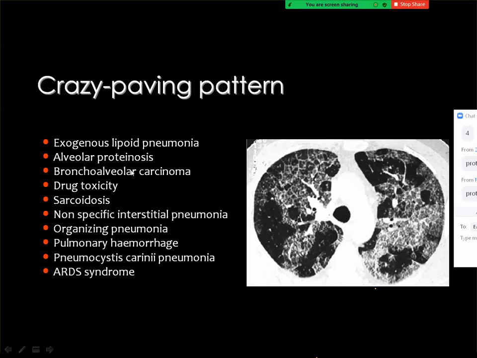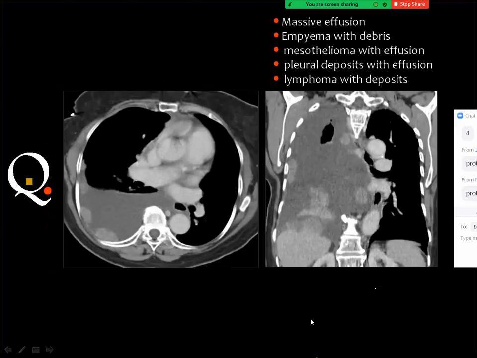It can occur in many other types of pneumonic consolidations as well as alveolar cell carcinoma, non-specific interstitial pneumonia, and so on. But if you go through the literature, you will see every case with crazy paving is related to alveolar proteinosis, meaning that this is the only, or let us say the most common, lesion to give this pattern of consolidation.